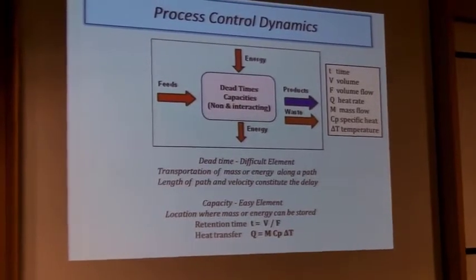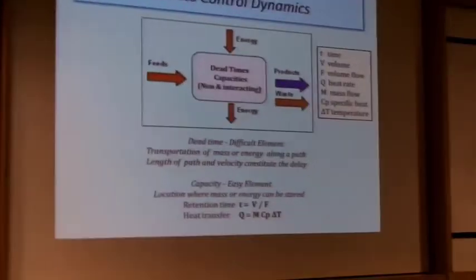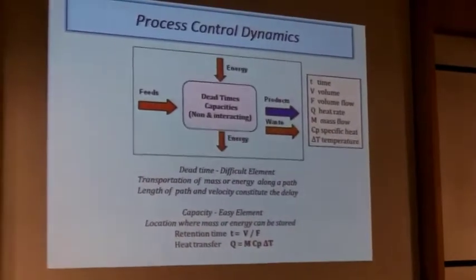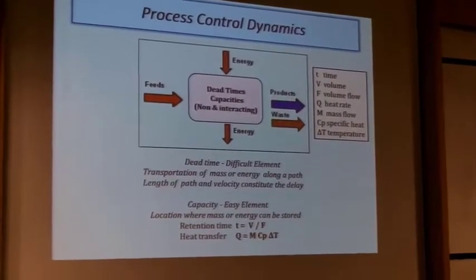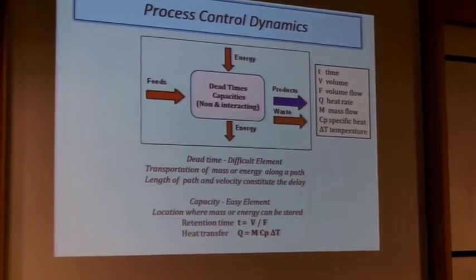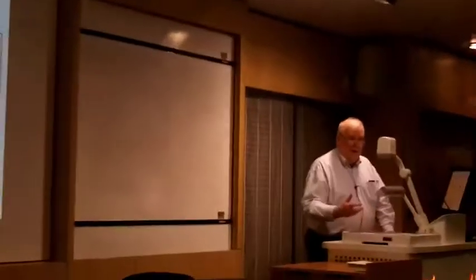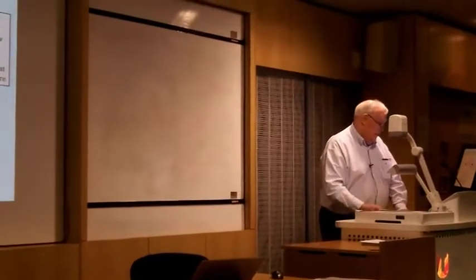A dead time is a fixed time delay between the moment you take action on a process and the moment you see a reaction. Capacities are like filling tanks, where there's a volume involved, or there's heat transfer involved, like specific heat of solids and fluids and things like that.